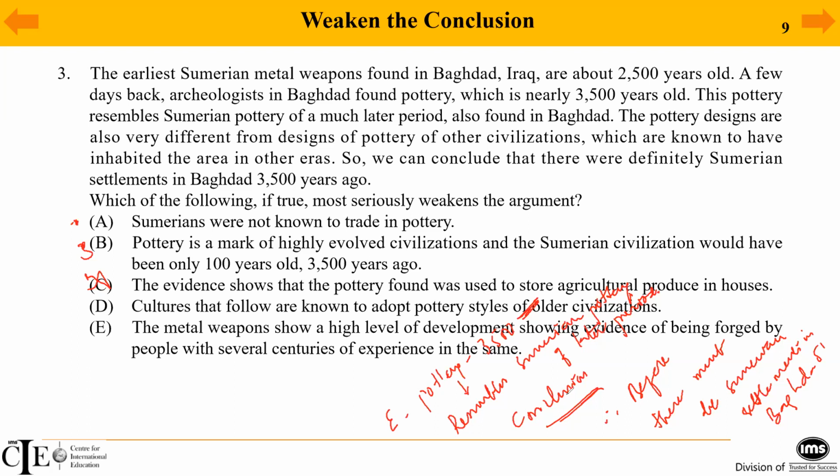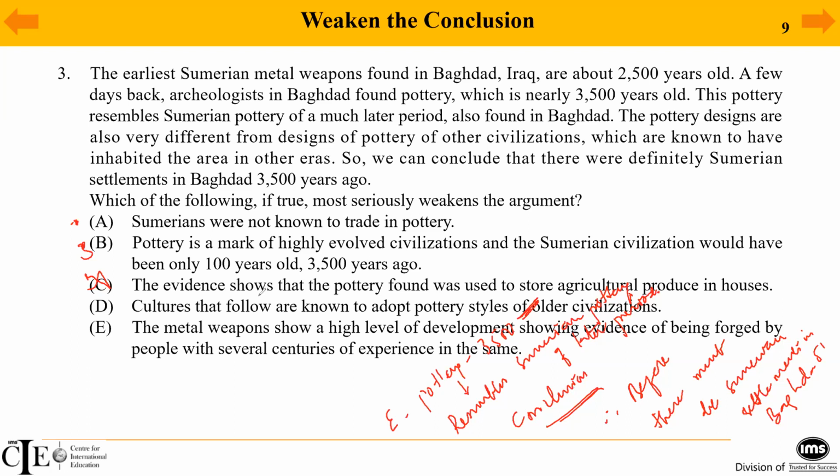Because they are resembling a past style with the latest style. Then the Sumerian pottery must actually be the older style that they have followed, is it not? So definitely the later style that they are following belongs to some other people rather than Sumerians. So Sumerians adopted some other pottery that existed before, if this is true.